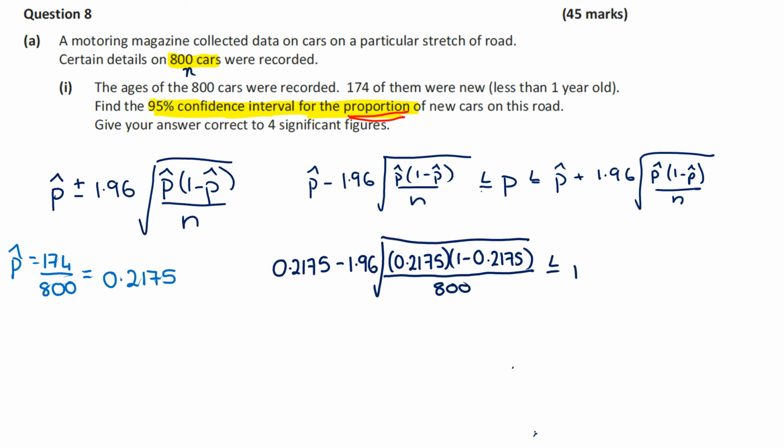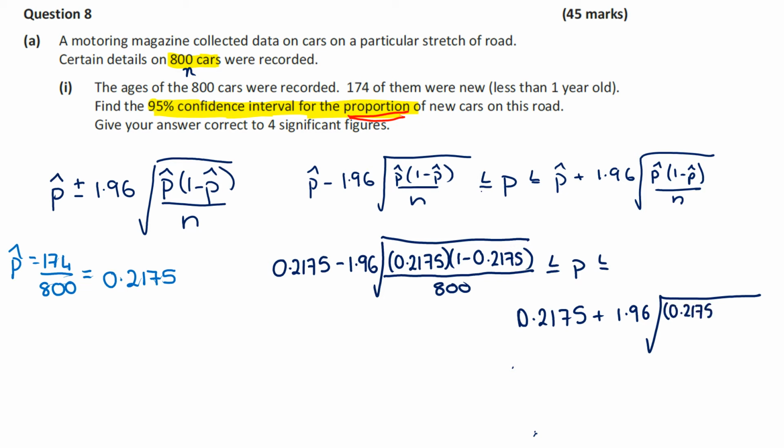It's less than or equal to p, less than or equal to, I'm going to move down here for a little bit more room, p hat 0.2175 plus 1.96, and it's the exact same margin of error. Sorry, it's the exact same standard error of the proportion that we're using on both sides.